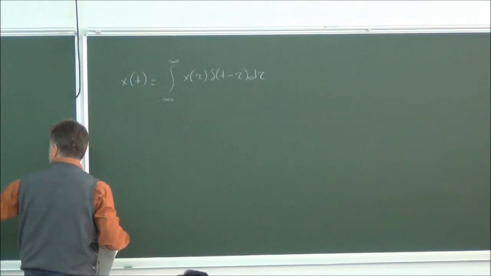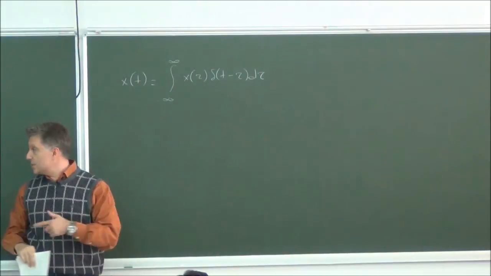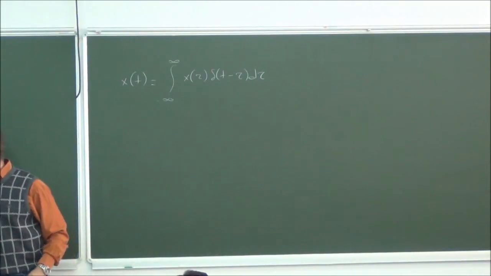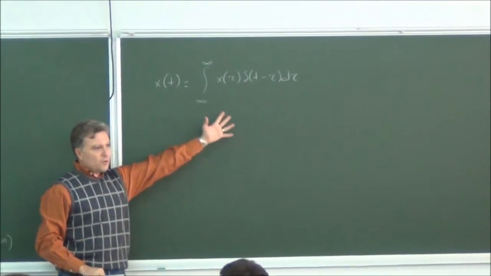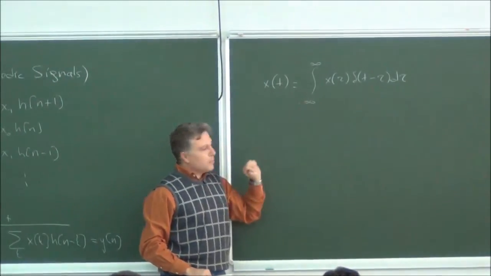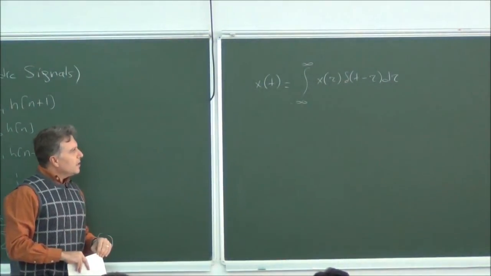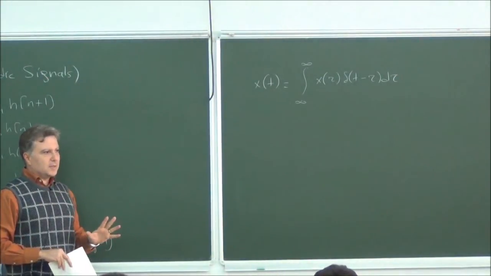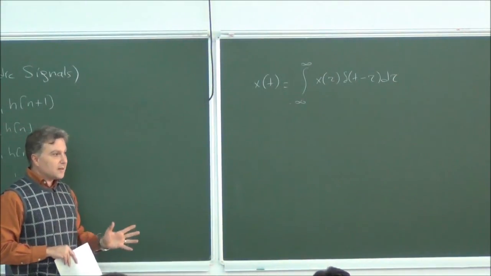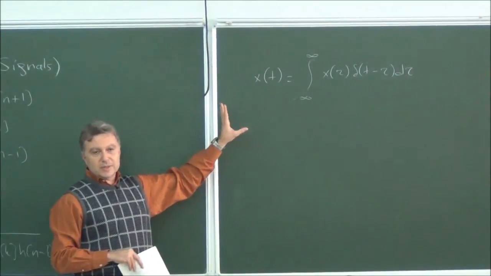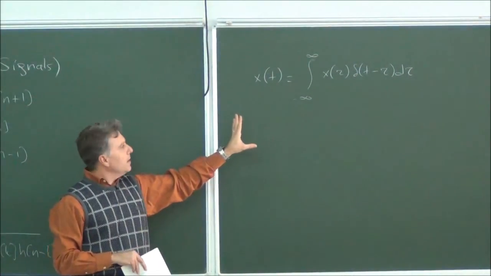Instead of that summation with the discrete impulses here, now we have an integration of shifted and scaled impulses, but still it's a representation. Now we will come up with a completely different representation of the same signal in continuous time. We will start with the continuous time only.